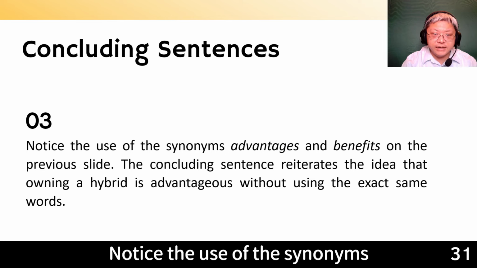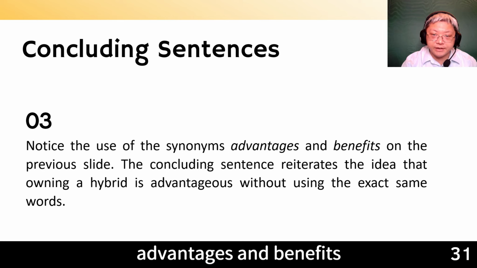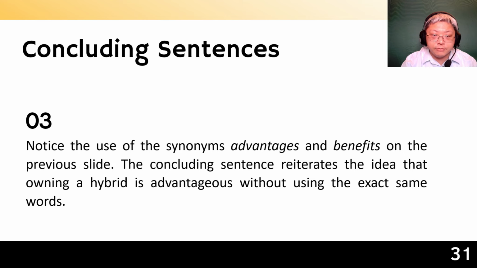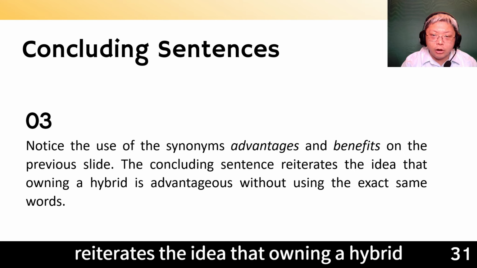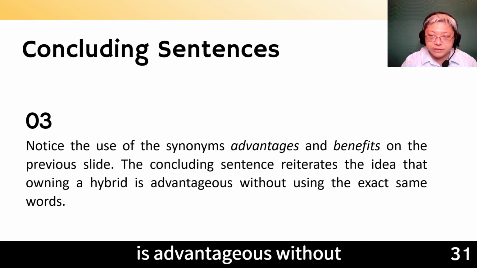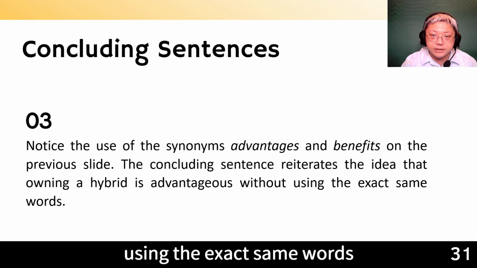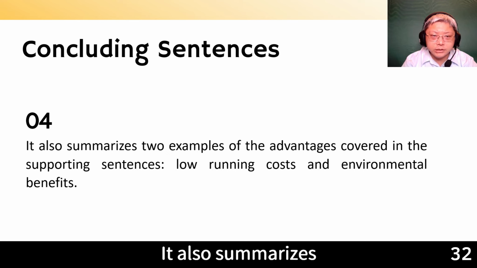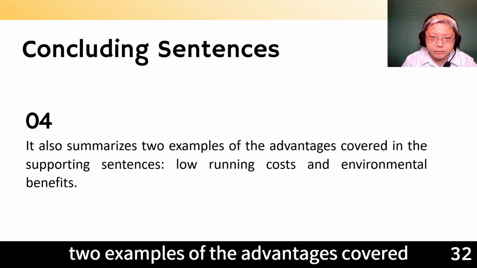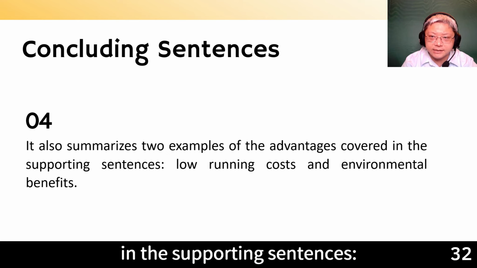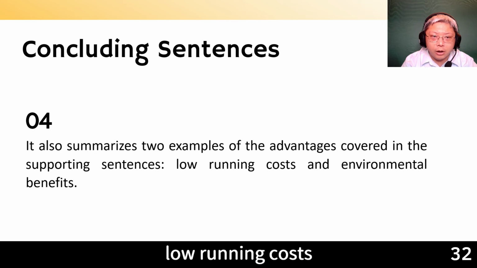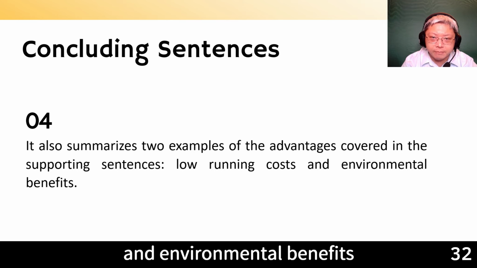Notice the use of synonyms, advantages, and benefits on the previous slide. The concluding sentence reiterates the idea that owning a hybrid is advantageous without using the exact same words. It also summarizes two examples of the advantages covered in the supporting sentences: low running costs and environmental benefits.